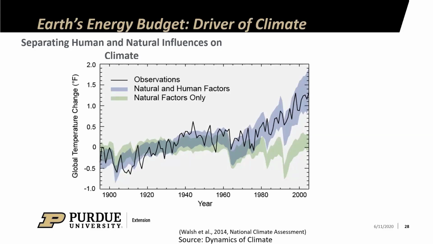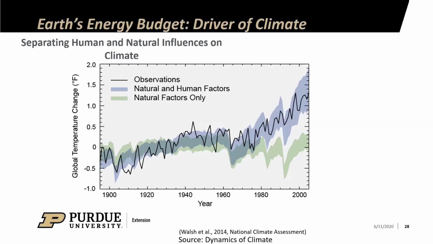And what you see is this model does have some variation and some amount of error. But if you look at the validation of the model, the verification of the model, the natural factors only included begins to significantly vary from the observations around 1975 or so.